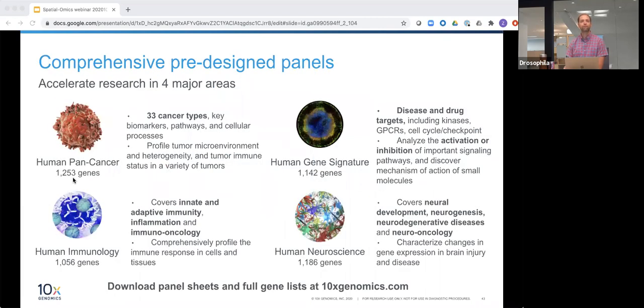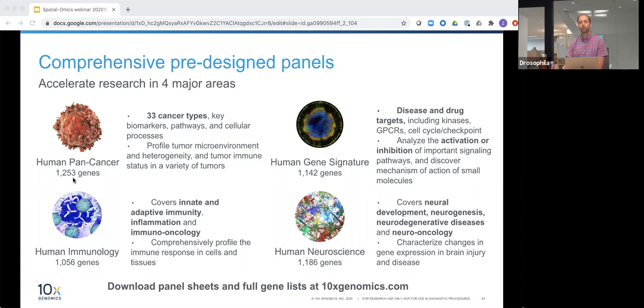So we have 4 pre-designed panels for you. We have a human pan-cancer panel. This has the genes from about 33 different cancer types, including key biomarkers, pathways, and cellular processes. We have the human immunology panel that covers innate, adaptive immunity, inflammation, and immuno-oncology. We have the human gene signature panel that looks at disease and drug targets.